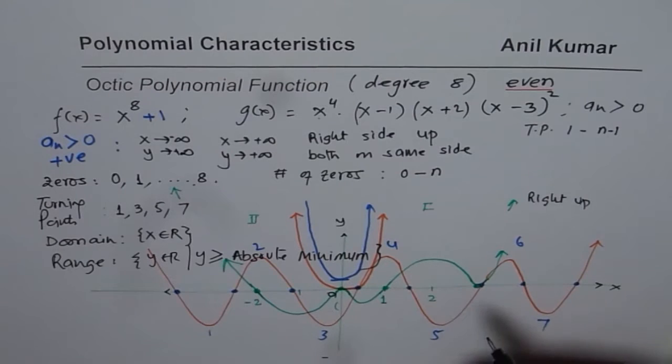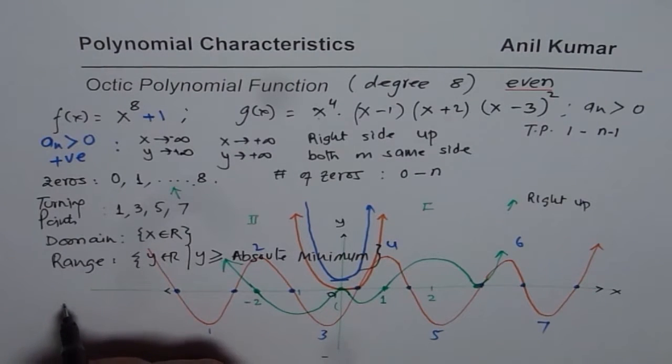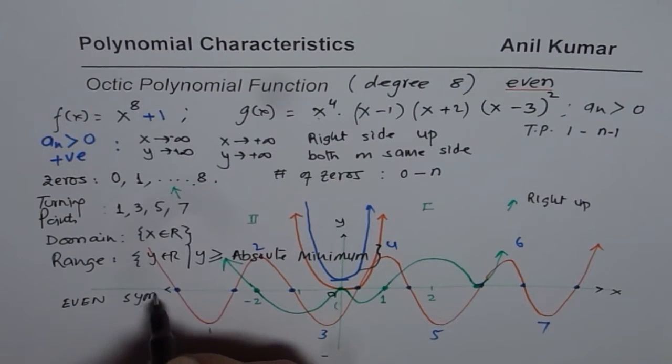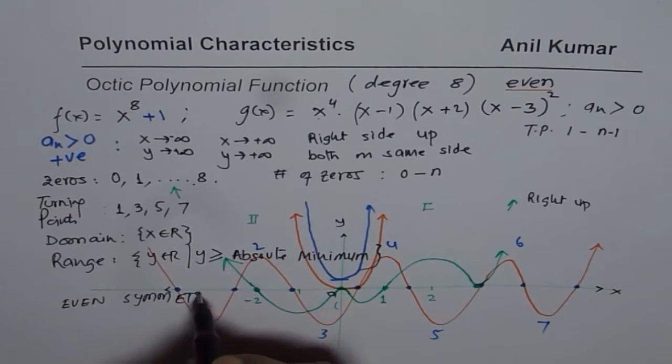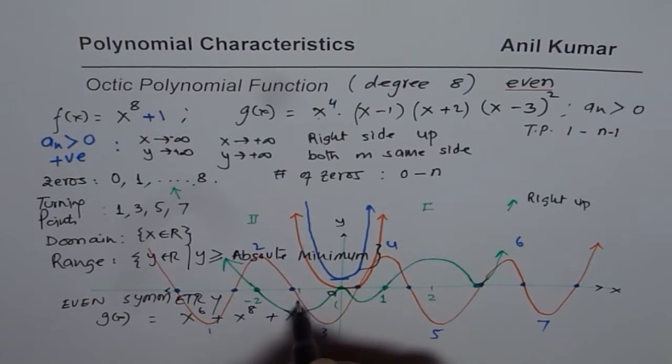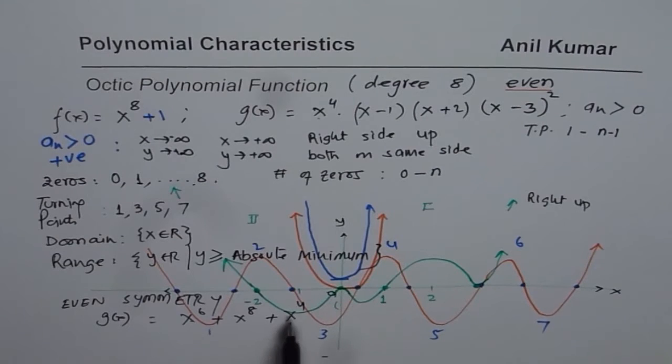Now let me give you two more things here. One is even symmetry. An even degree polynomial may or may not have even symmetry. If I write a polynomial g of x as, let us say, x to the power of 6 plus x to the power of 8 plus x to the power of 4, all terms are with even degree, so that will be even symmetry. But if I introduce something which does not have even symmetry, then it will be neither.